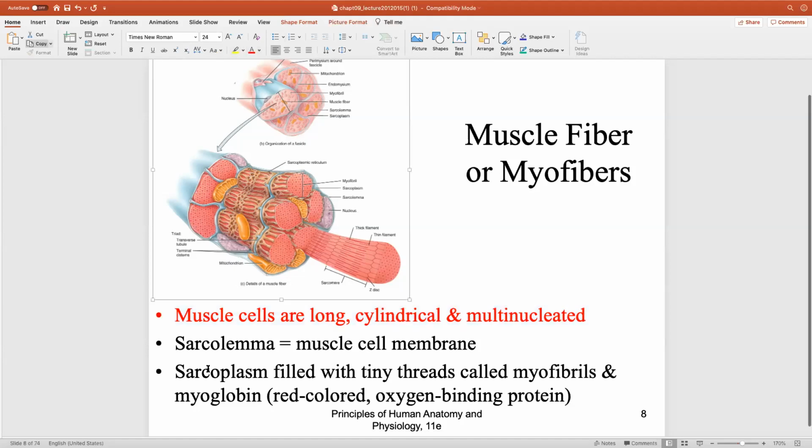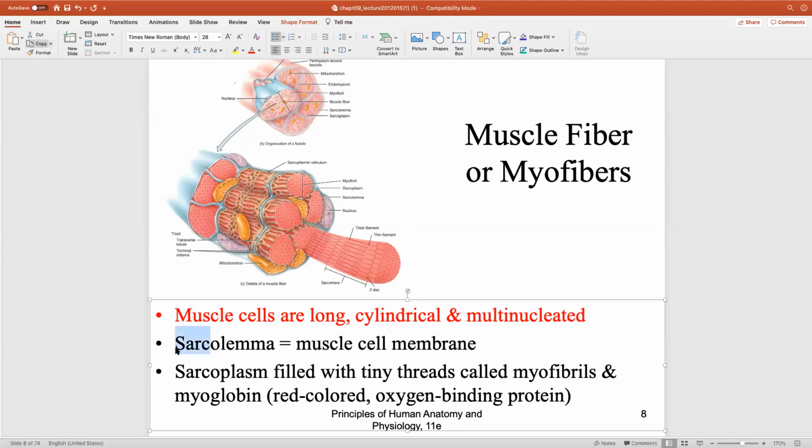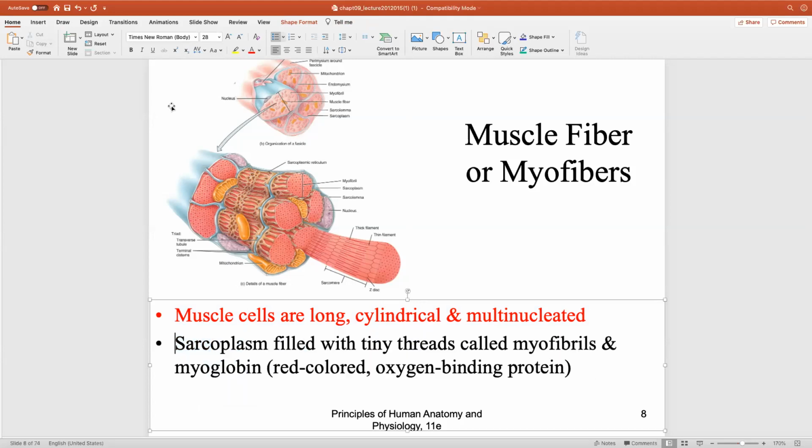The plasma membrane is called the sarcolemma. Now, get used to using this root right here, sarc. Sarc is going to be specific for muscle fibers. So sarcolemma, the muscle cell plasma membrane. The muscle cell's plasma membrane is a sarcolemma right here.